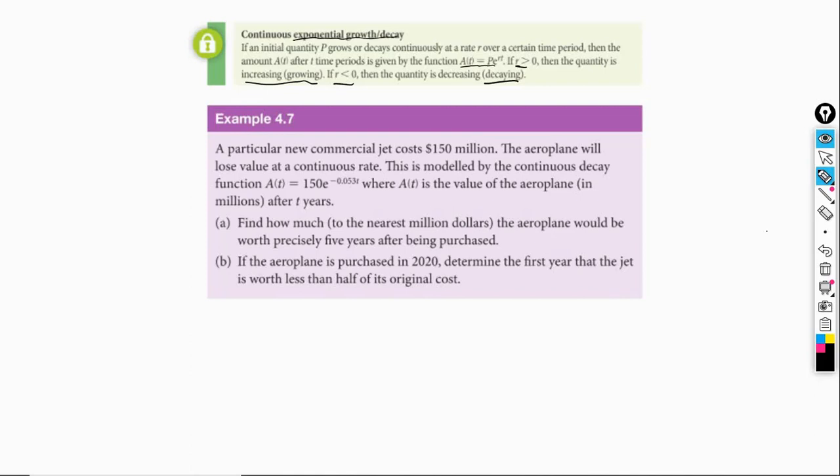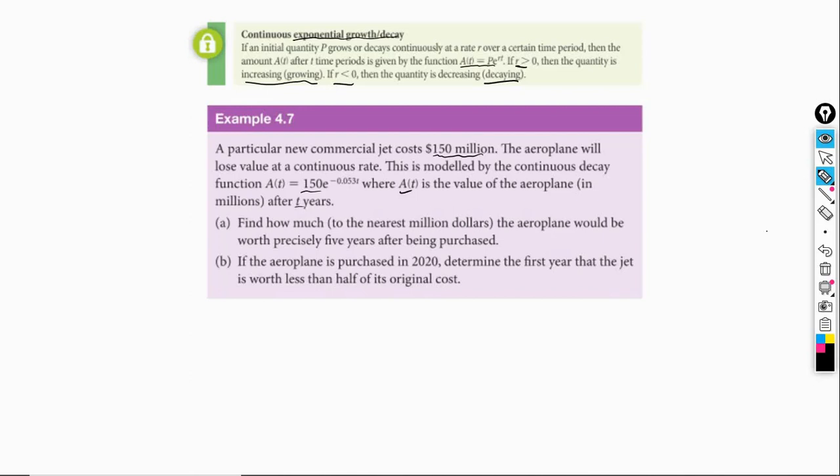Now, let's take a look at example 4.7. And it says a particular new commercial jet costs $150 million. The aeroplane will lose value at a continuous rate. This is modeled by the continuous decay function A of t is equal to 150 times e to the power of negative 0.053t, where A of t is the value of the aeroplane in millions after t years.